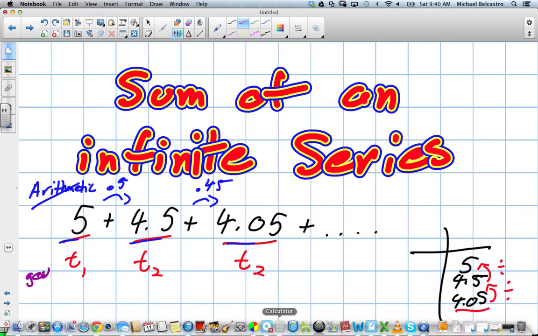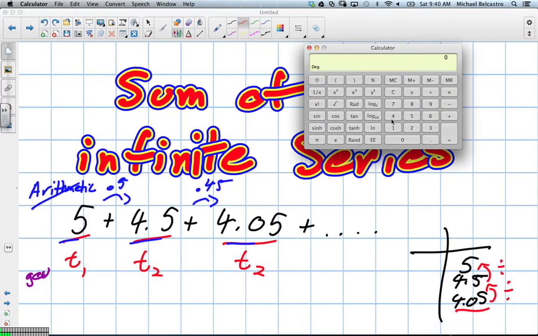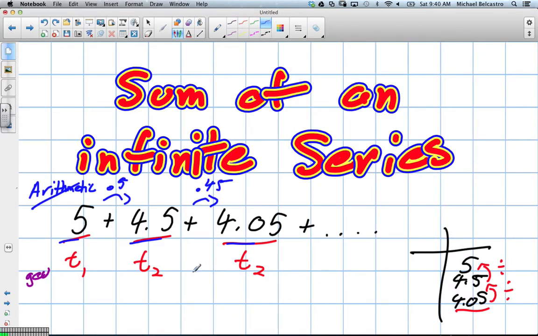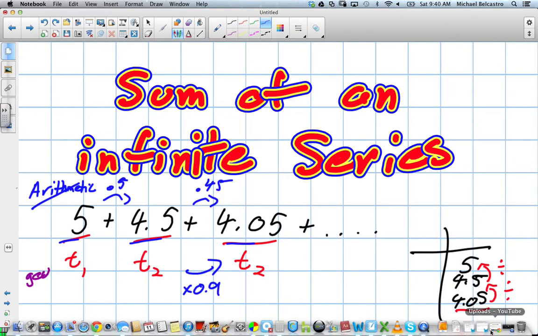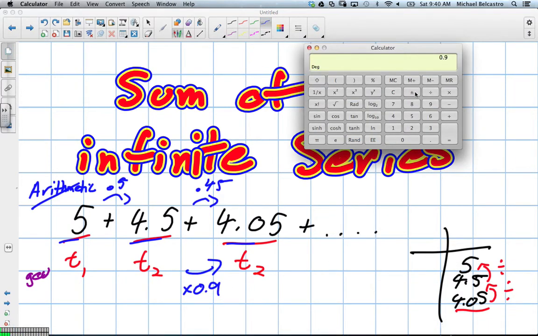So let's start at the very last one actually. 4.05 divided by 4.5, 0.9. So this is saying that you multiplied by 0.9. Let's try the next two values. 4.5 divided by 5, 0.9.